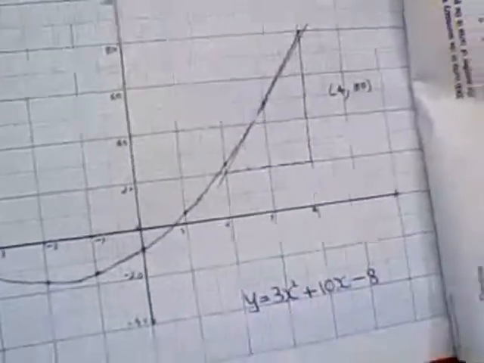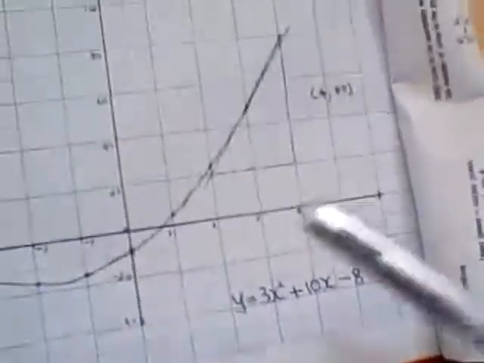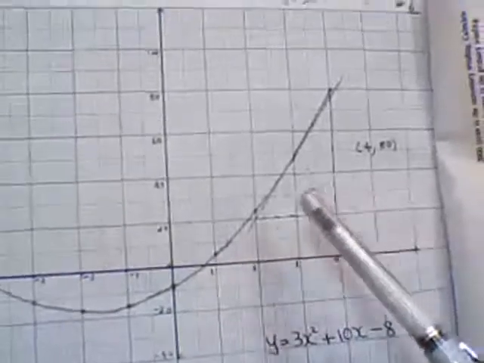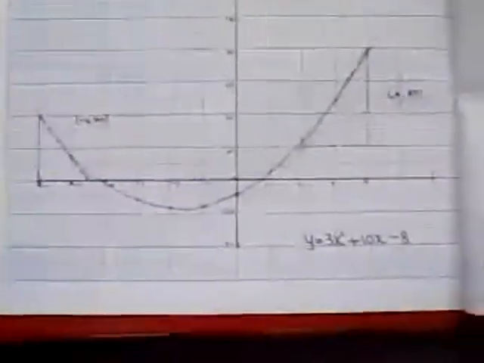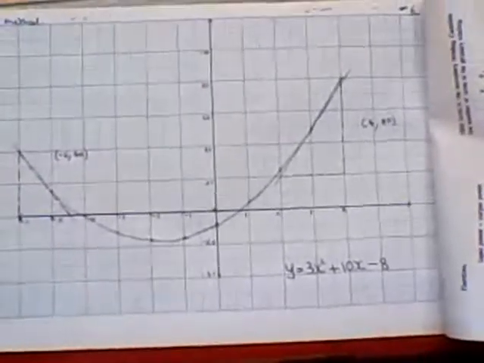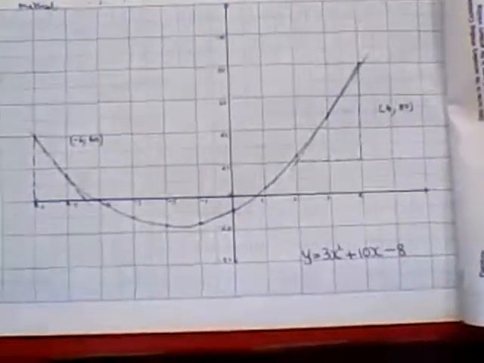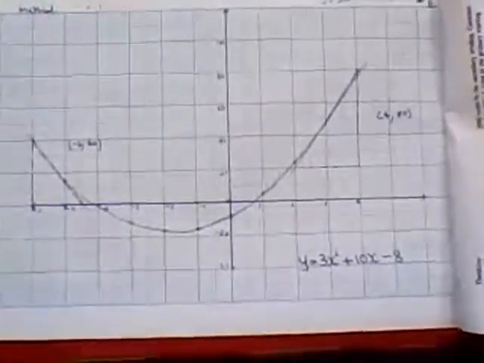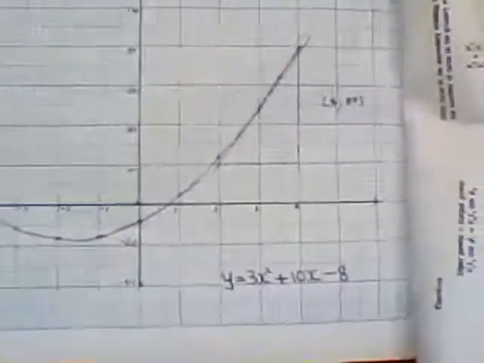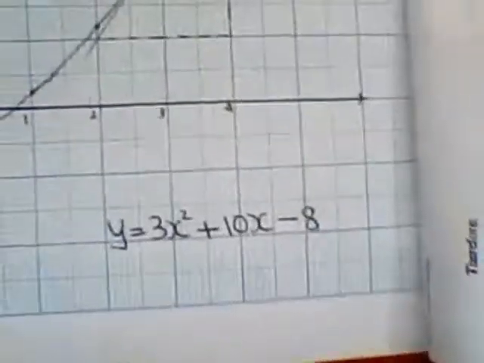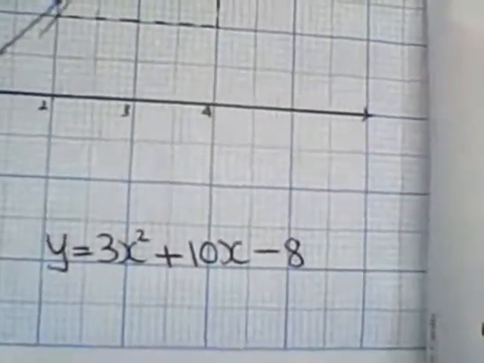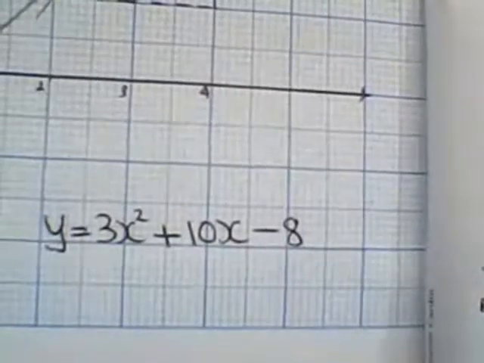Now, having plotted the table, I then need to apply it to the graph. Let me just go out a little bit so you can get this fully in line. Okay, y equals 3x squared plus 10x minus 8.